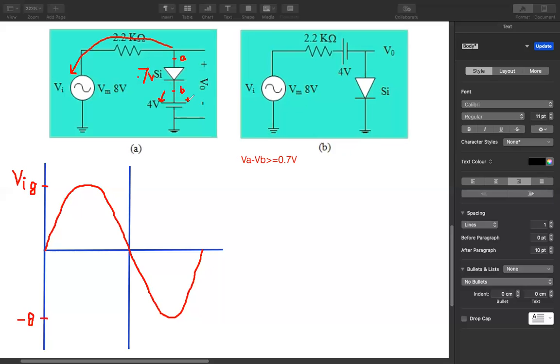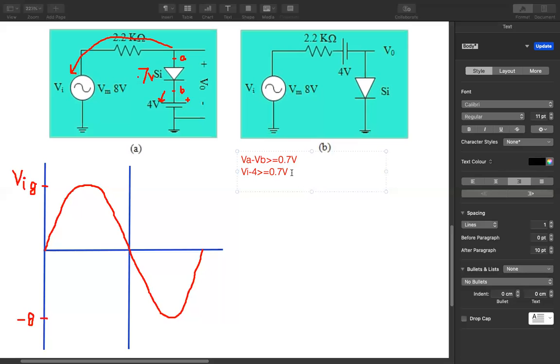So that means VB is 4 volts. Okay, so VA, I will write Vi minus VB is plus 4 volts. So Vi minus 4 is greater than or equal to 0.7 volts.